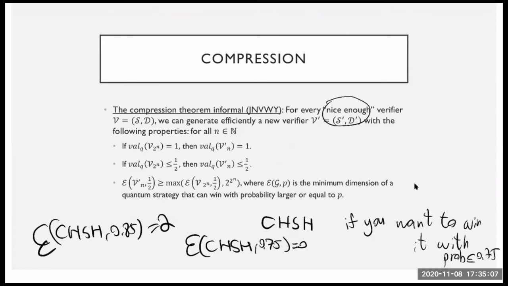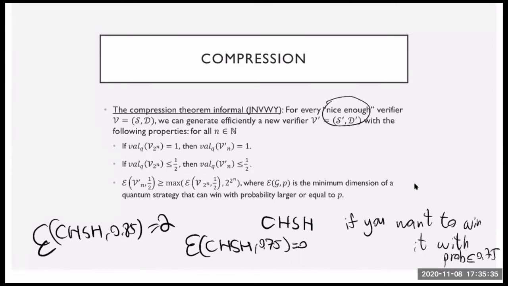We defined what quantum correlations are in the three previous talks, and there are no one-dimensional or zero-dimensional correlations that achieve 0.85, but there exists a two-dimensional strategy that achieves that. So the matrices that we used in the POVMs are two-dimensional. This is what it means.